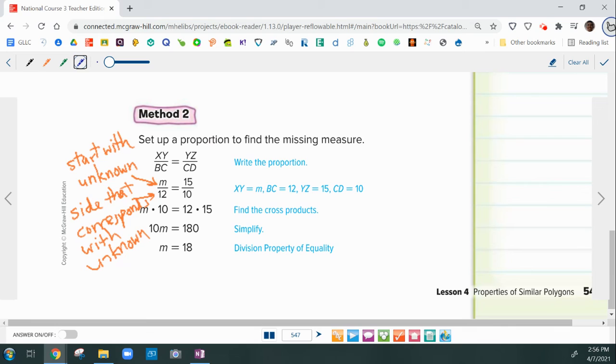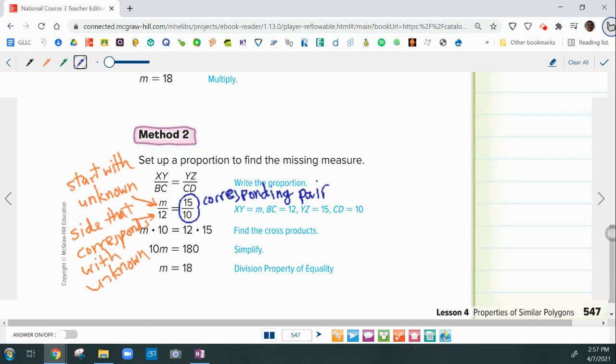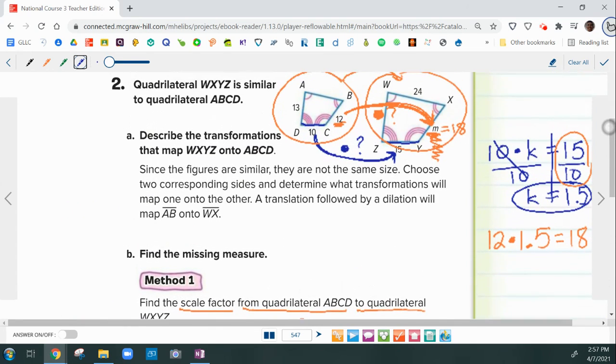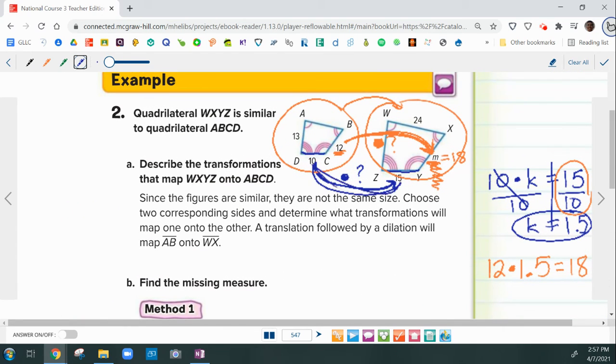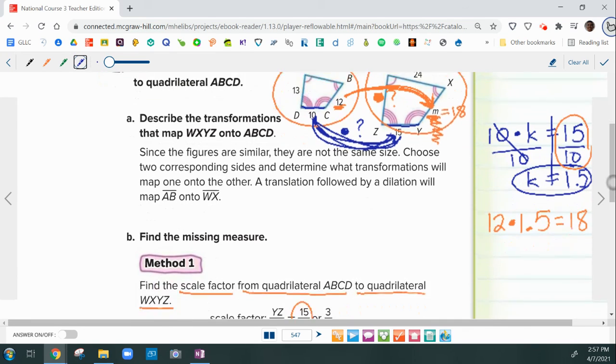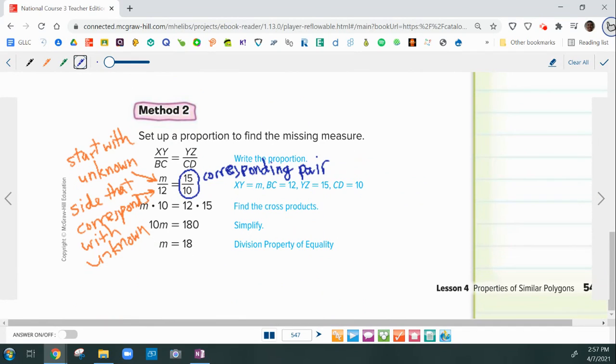Then over here, I just find another corresponding pair from the shape above. So like we have these guys here, they correspond, right? You just want to make sure that the fractions are written in the same order.